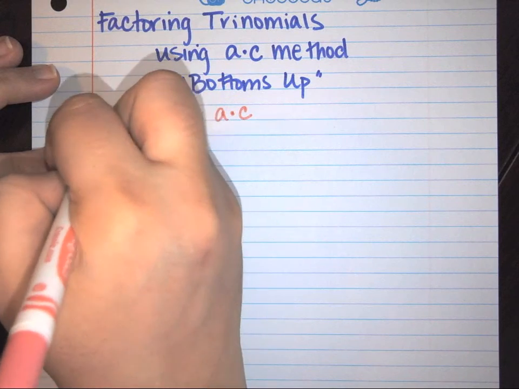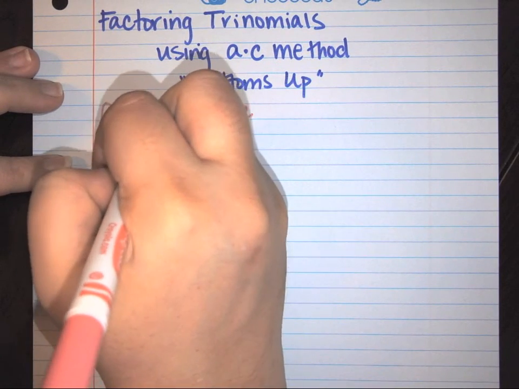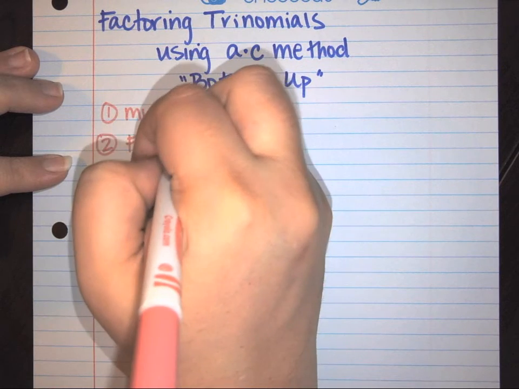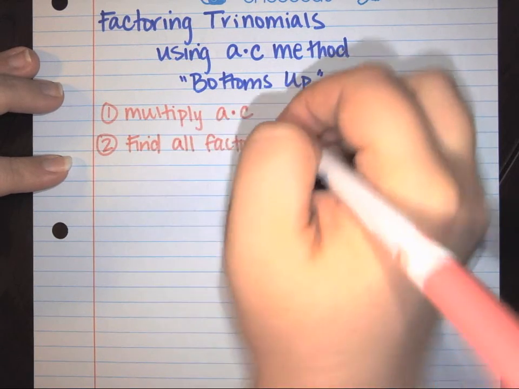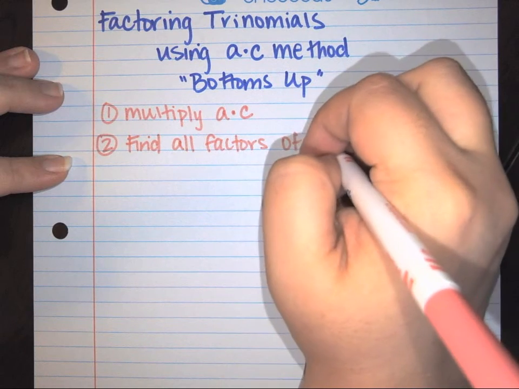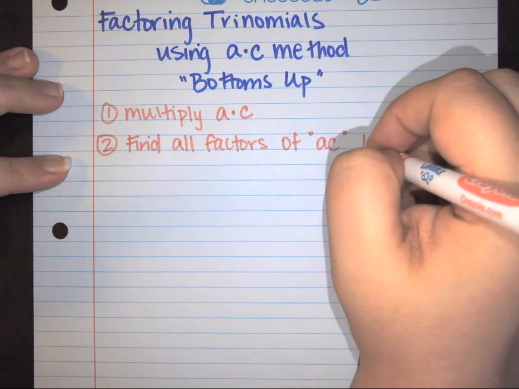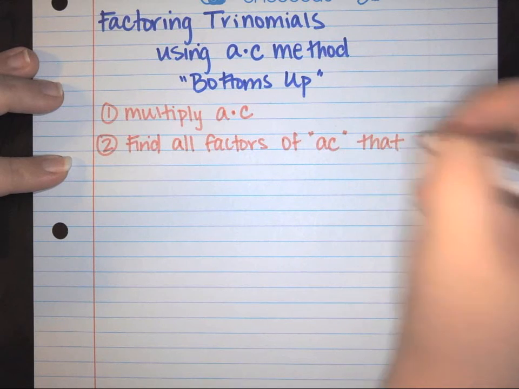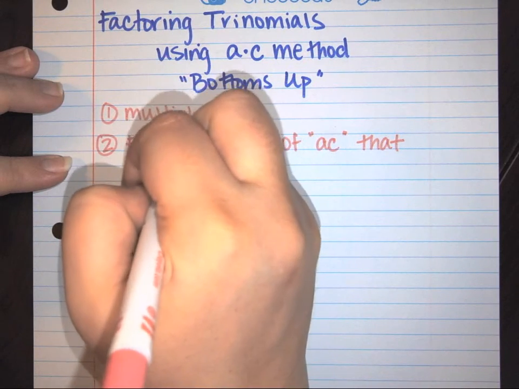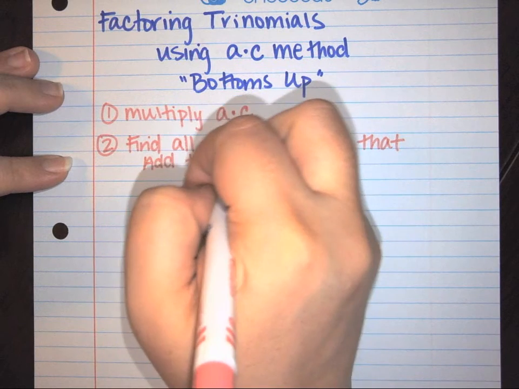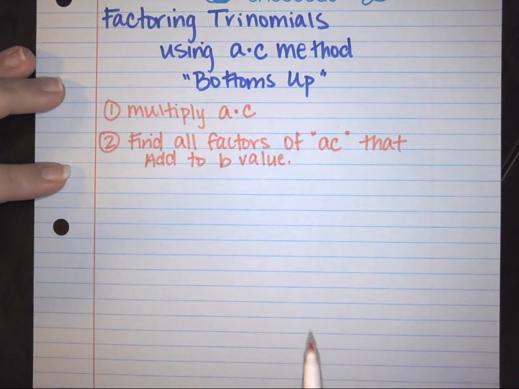My second step says that you now need to find all factors of that AC number, and you're looking for the combination that is going to add to the B value. Okay.